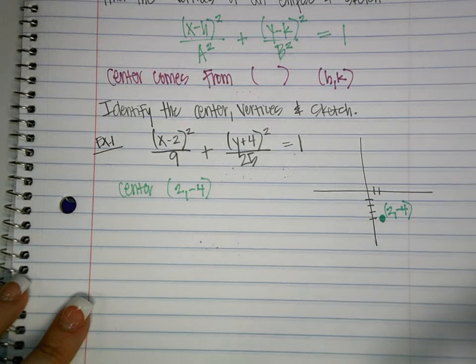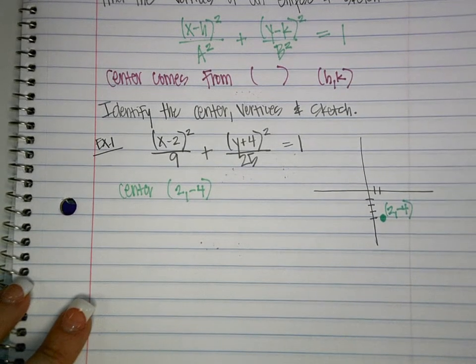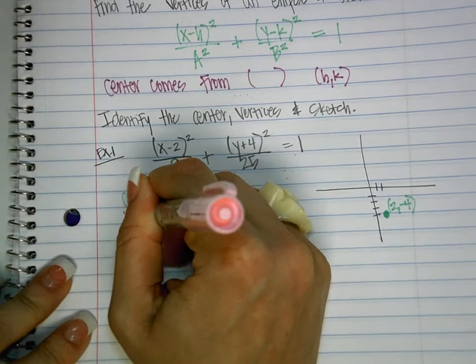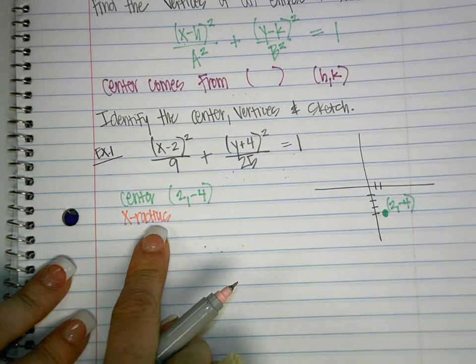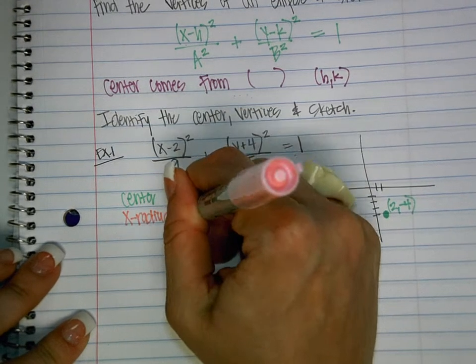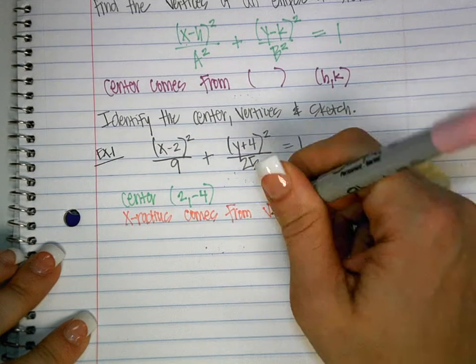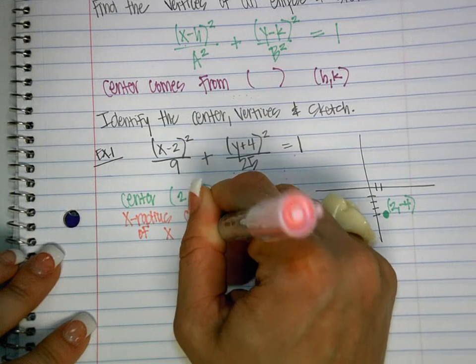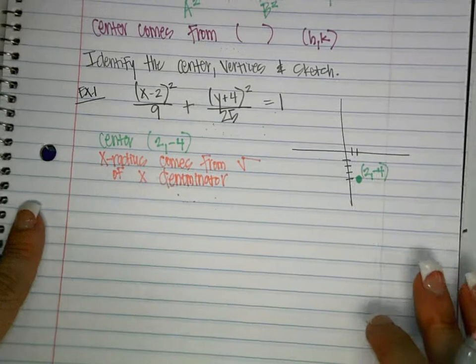Yes? What is the point of having the division bar? You're going to see in just a second. Next thing that we're going to look at is something called the x radius. Remember, a radius is the distance from the center to the edge. The x radius comes from the square root of the x denominator.